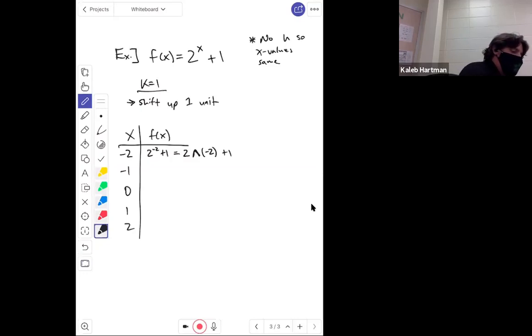Okay, when you plug this in, what do you get here? You get 2 to the -2, and then plus 1, 1.25. This is 1.25. Okay, when you plug in -1, I'm going to write it again how I would write it in my calculator. We're going to get 1.5.